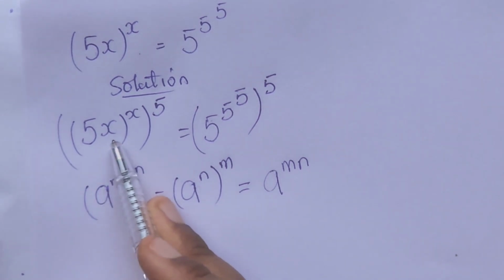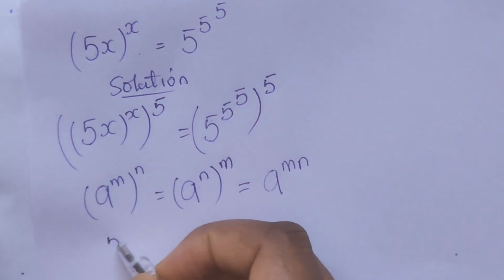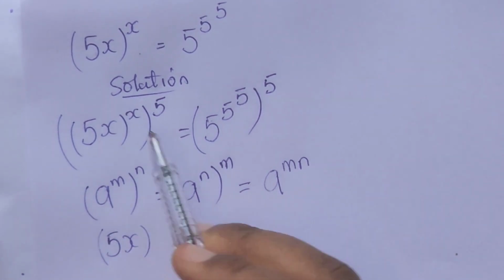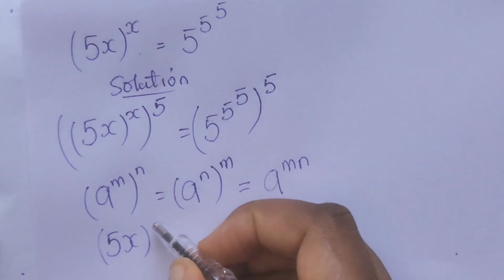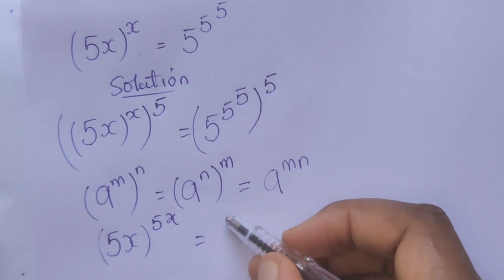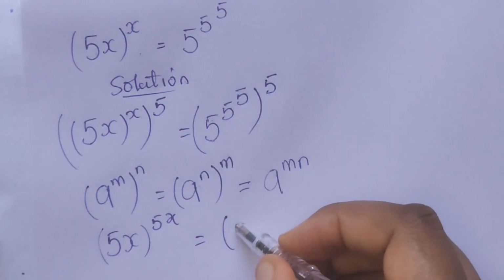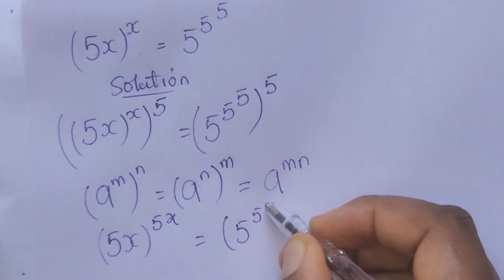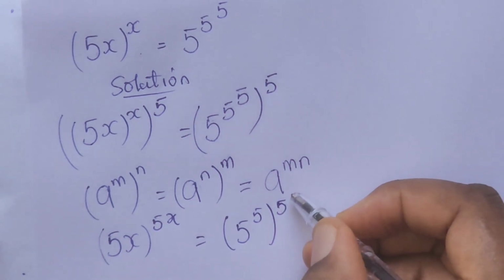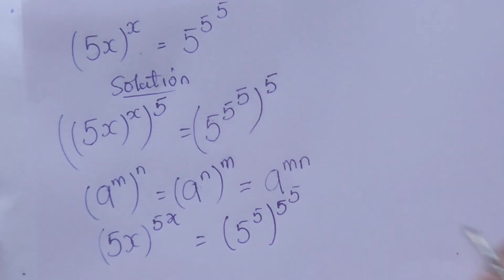We have 5x, we'll multiply the powers to have 5x equal to 5 to the power of 5. We can still leave this left hand side to remain 5 to the power of 5.